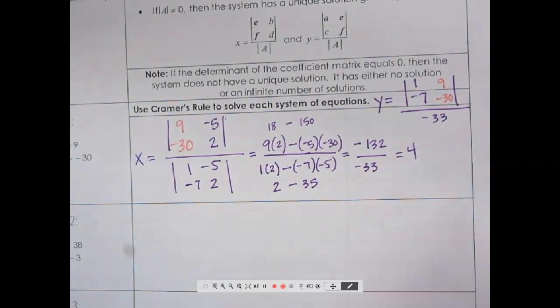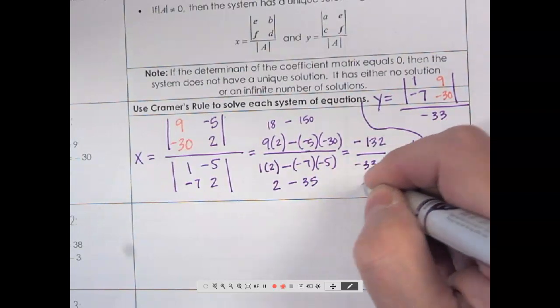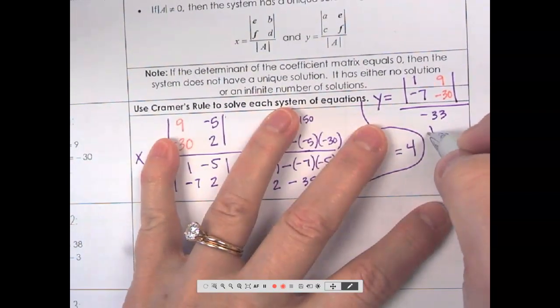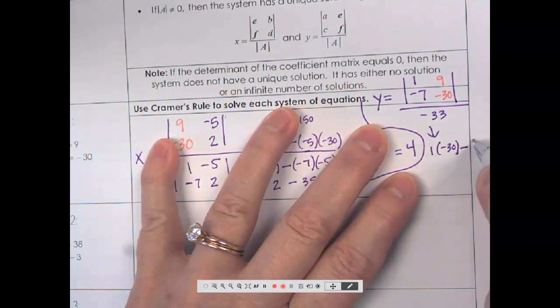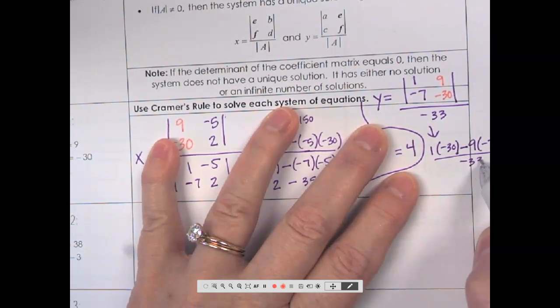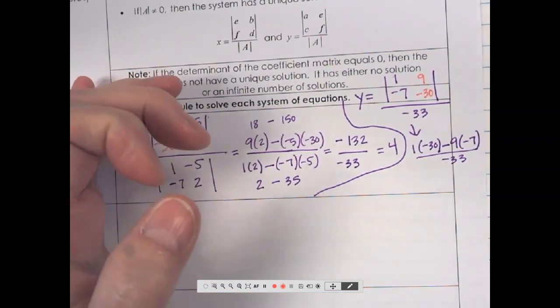Then I'm going to take 1 and multiply by negative 30, subtract 9 times negative 7, over negative 33.